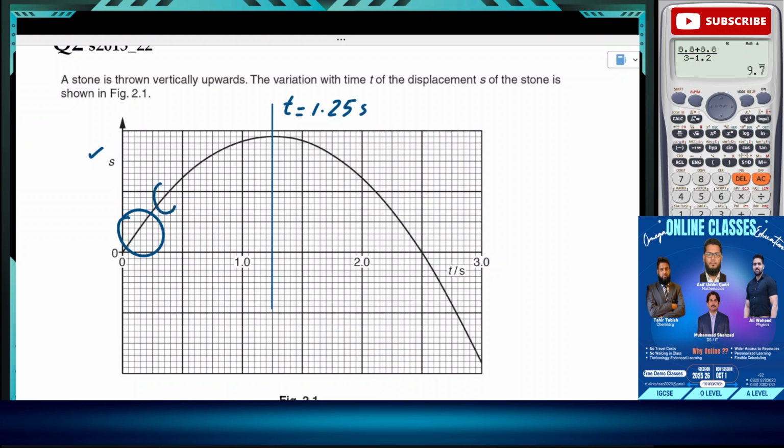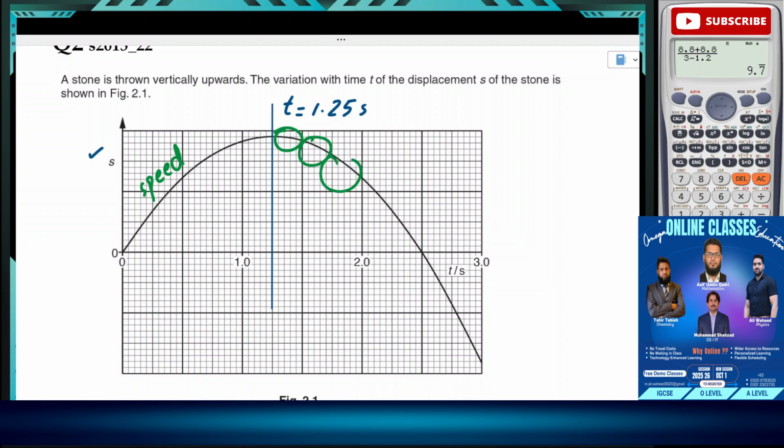Initially the line was steeper, it gets less steeper, or the line becomes more and more horizontal till 1.25 seconds. So speed decreases till here.